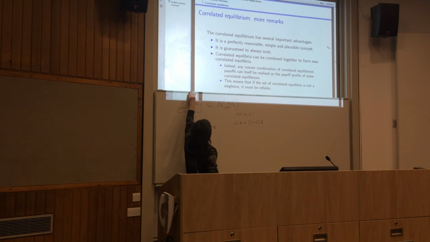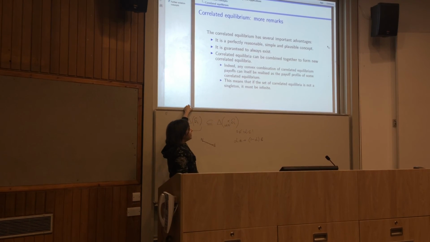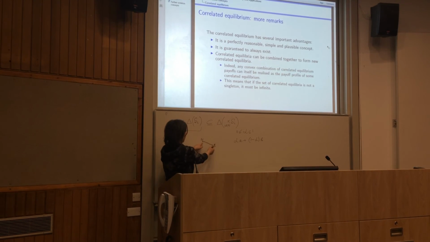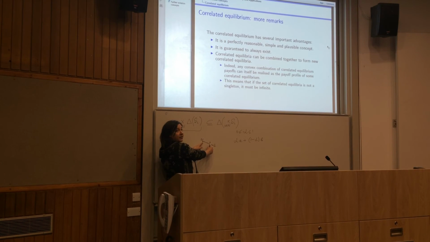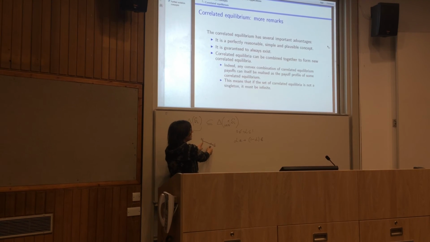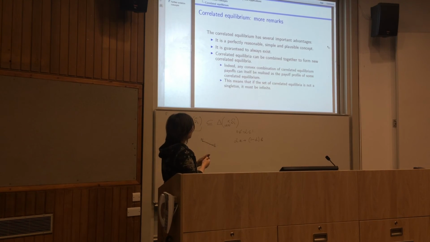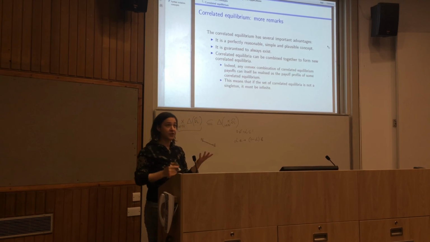Now, look, we said any convex combination of 2 correlated equilibria is a correlated equilibrium. So if we have 2 correlated equilibria, we know that the interval that connects them, all of it consists of correlated equilibria. That means that the set of correlated equilibria can be either a singleton, it's never empty, we said, because it must contain at least one mixed strategy Nash equilibrium.